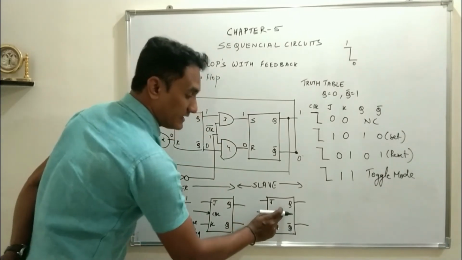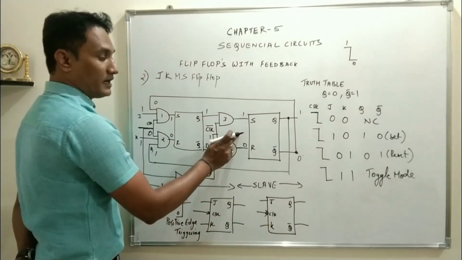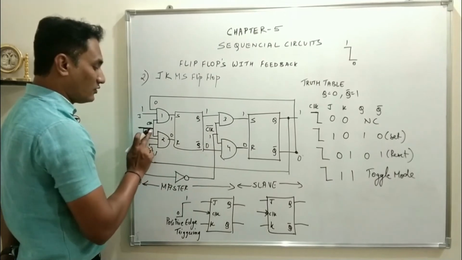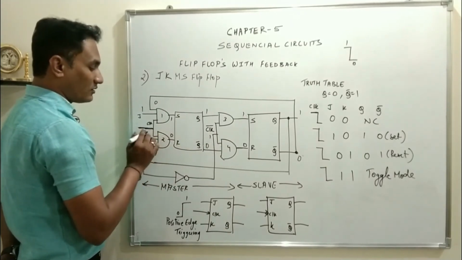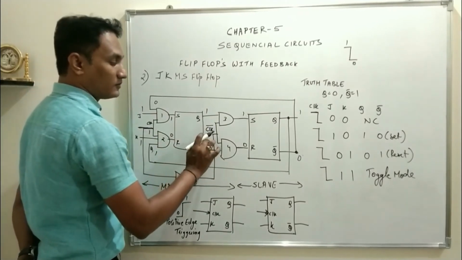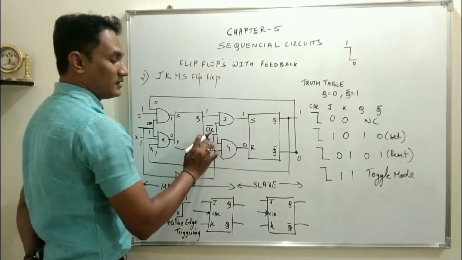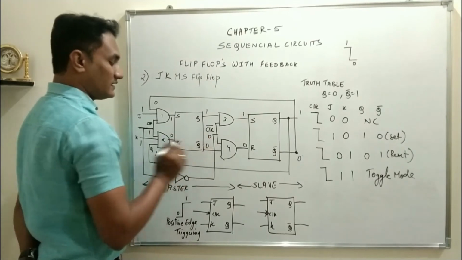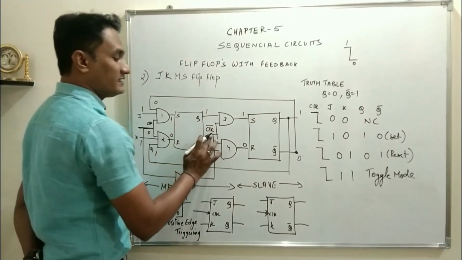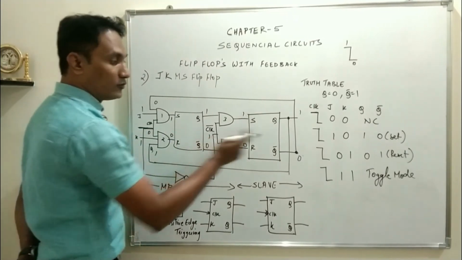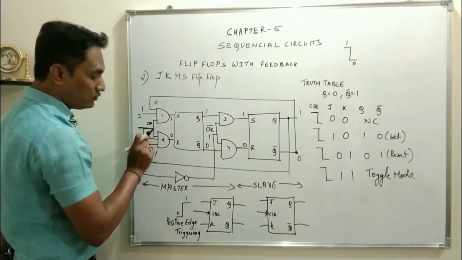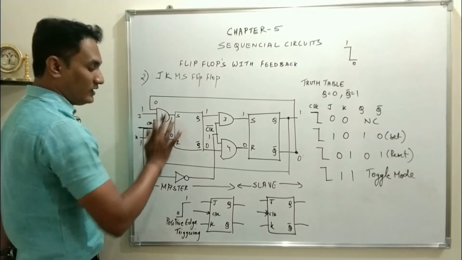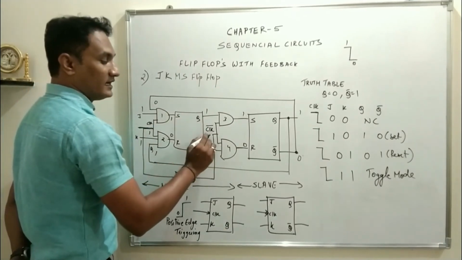And in the second case, that is JK master slave flip-flop, when the clock is 1, the output is deactivated, and when it is 0, the output is activated. That means the output will change when the clock goes from 1 to 0. When it is 1, only the input is activated, output is deactivated.